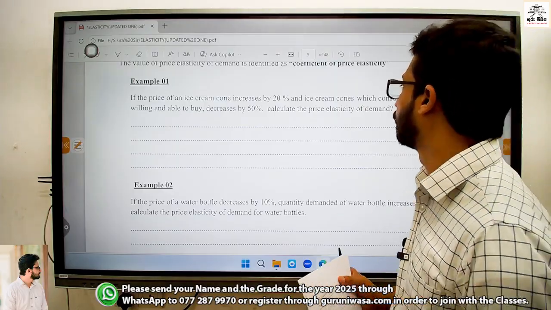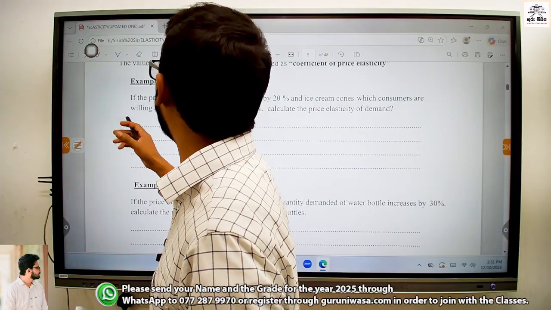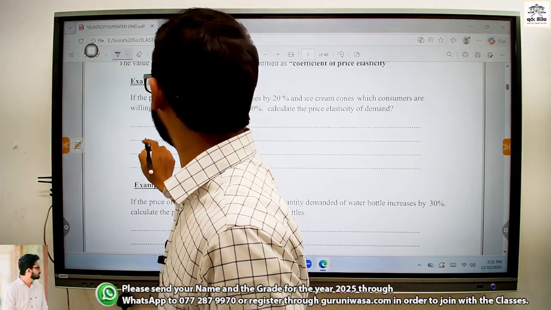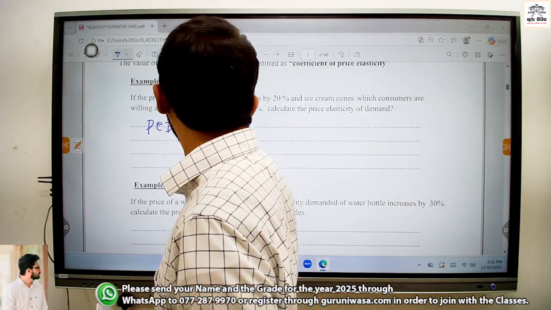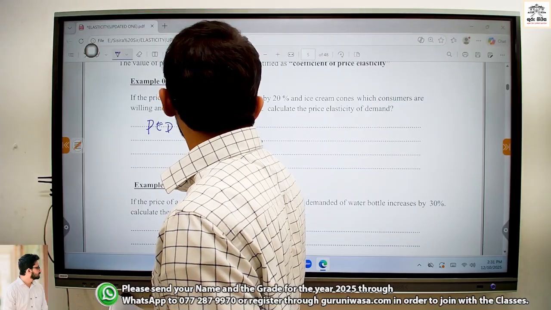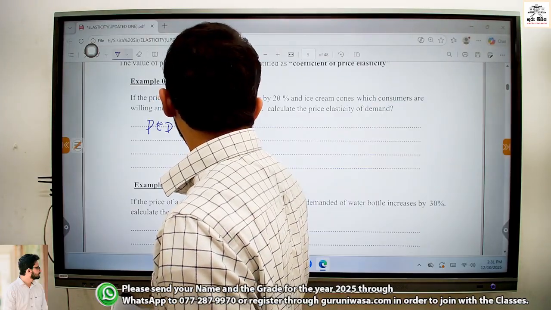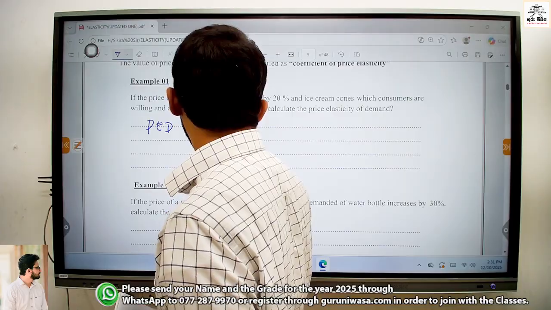You have been given percentage changes, so no need to calculate them; just substitute. Calculate the PED. Write down price elasticity equals percentage change in quantity demanded divided by percentage change in price.